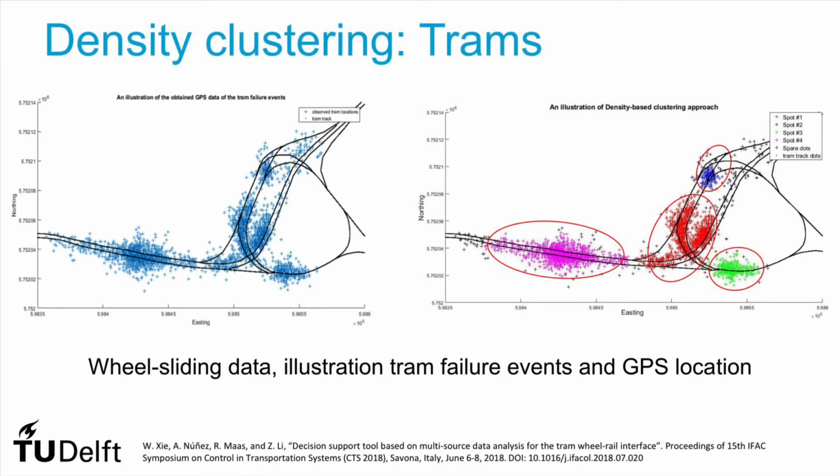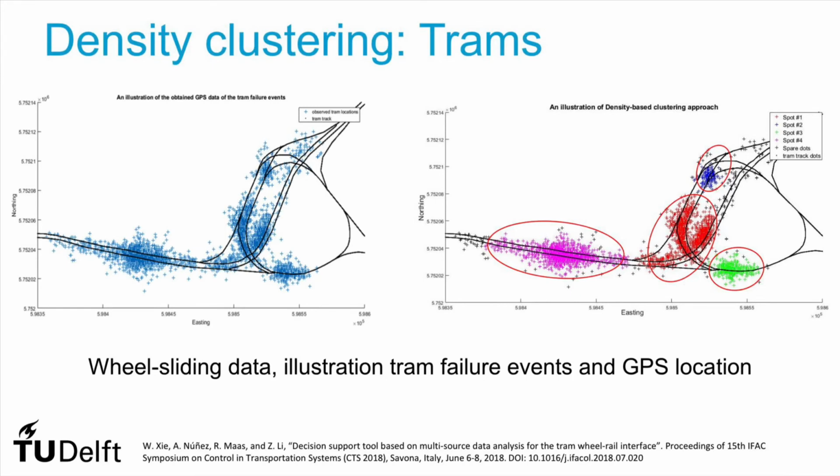And in this case, if you look to the right, you can use density-based clustering to group data that seems to be most related to specific locations of the infrastructure, and then you can consider the mapping of those clusters into specific locations of the tram infrastructure.